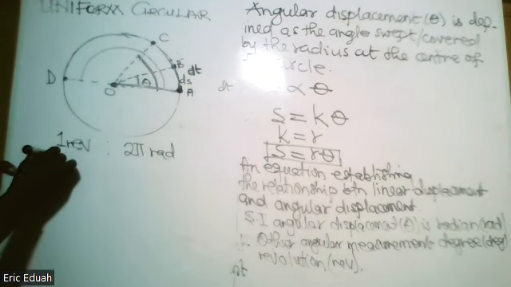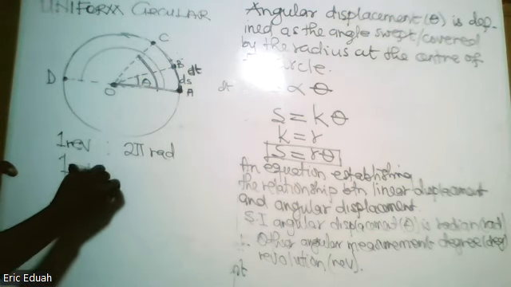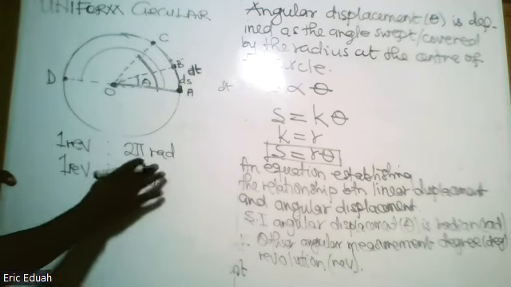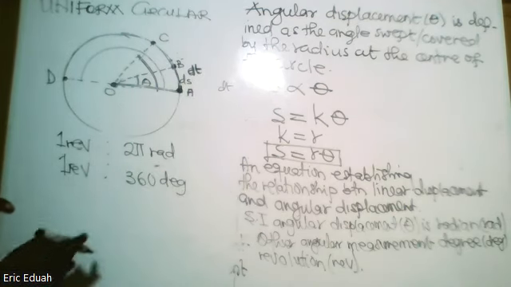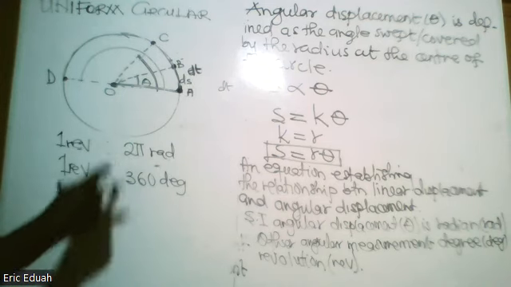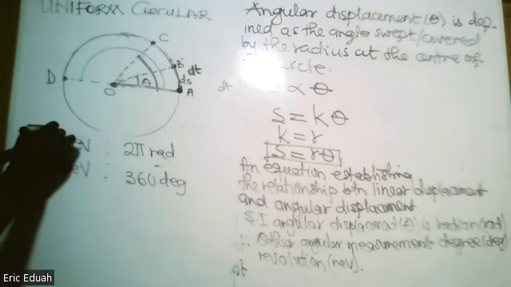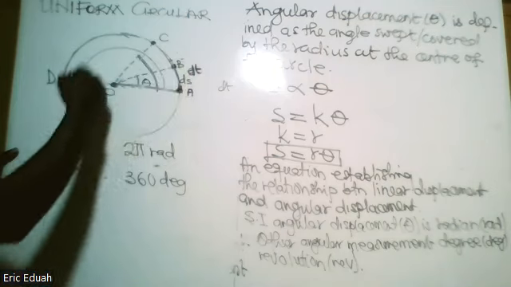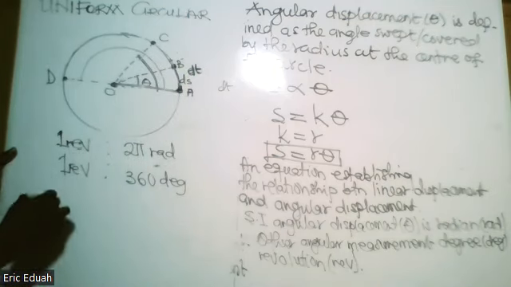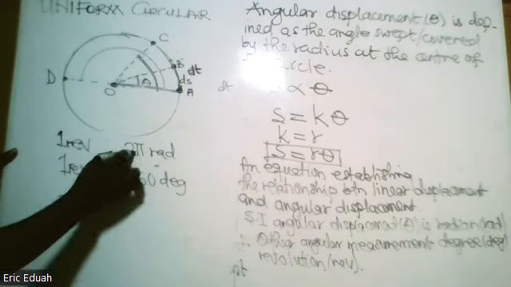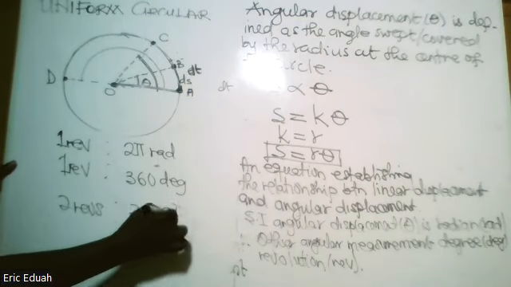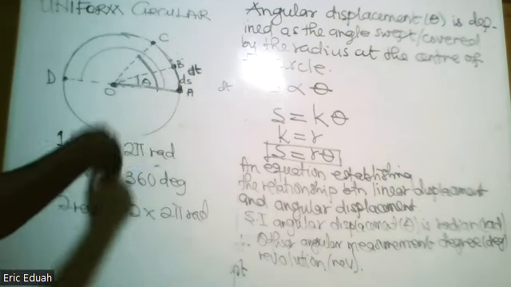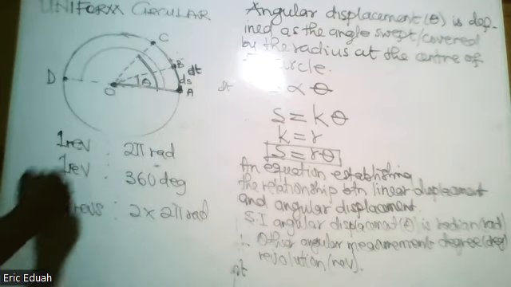Then the same 1 rev in degree is equivalent to 360 degrees. So these are the conversion equivalents we use. If a body makes 2 complete revolutions, 2 revs will be equal to 2 times 2 pi radian, or 2 times 360 degrees. Is that okay?